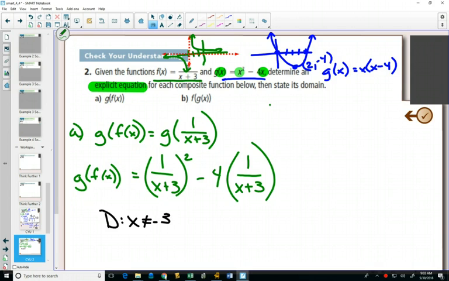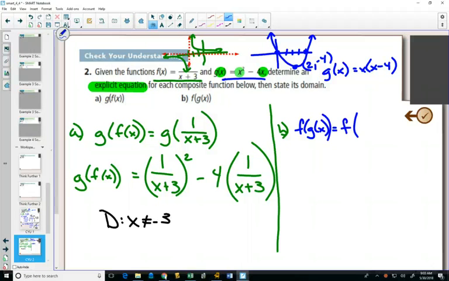We'll do the same thing in B. In B, we're doing f of g of x. And since g of x is x squared minus 4x, this is f of x squared minus 4x.